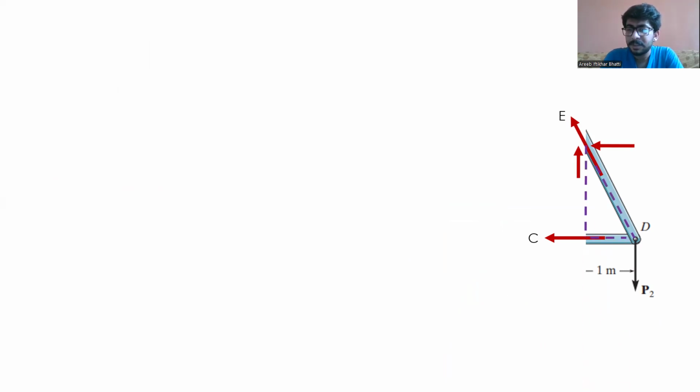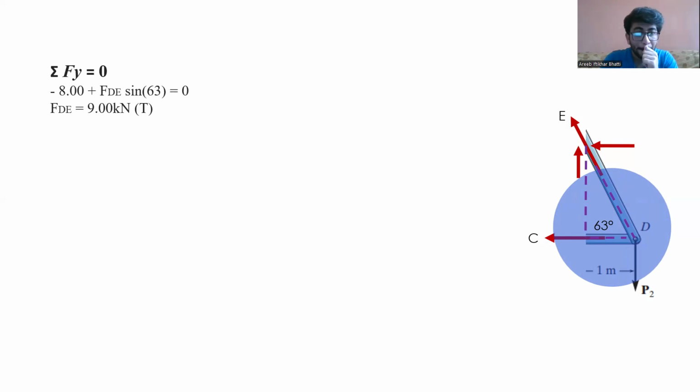You see the angle between these two members is about 63 degrees. And when we apply that the sum of forces in y direction is equal to 0, we get minus 8 kilonewton force, which is basically the force P2, plus FDE force with its vertical component sine, which makes an angle of about 63 degrees.